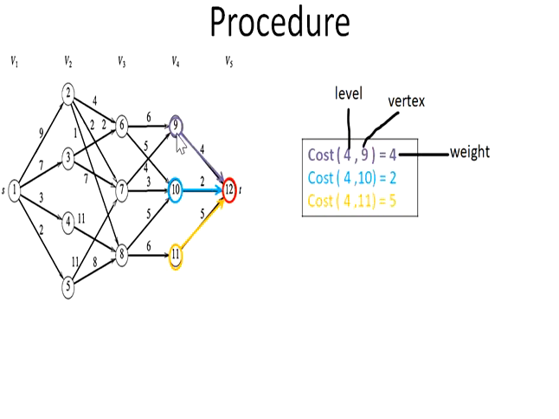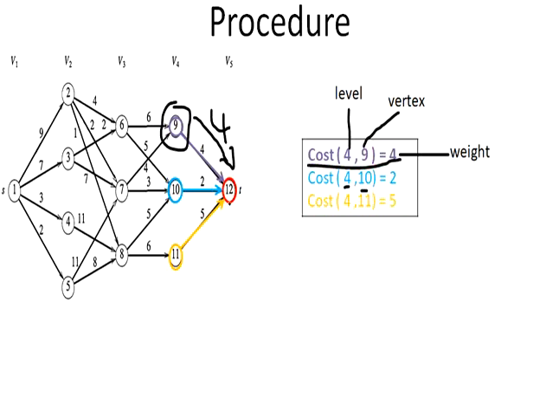What is the cost? What is the weight? The weight is 4. I am going to visit vertex 9, and from 9 I am going to visit the destination vertex 12, and its cost is 4. This is the representation. Next, vertex 10 is at level 4, so cost of 4, 10.